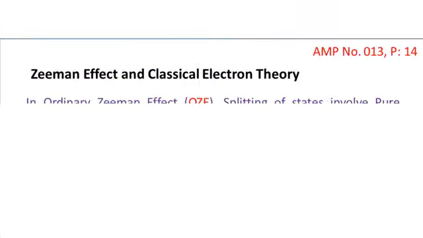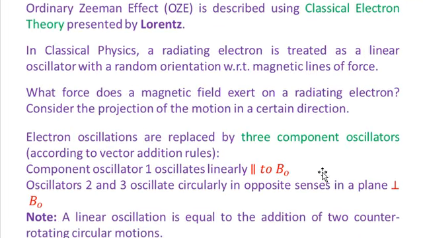That is why we have three components here: one linearly polarized component along the B direction, and two circularly polarized components perpendicular to B naught, which can be thought of as added into a single linearly polarized component having electric field perpendicular to B naught.